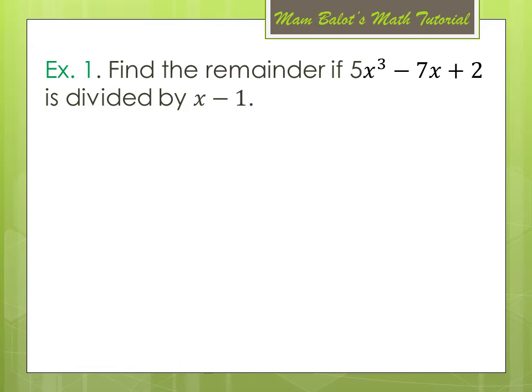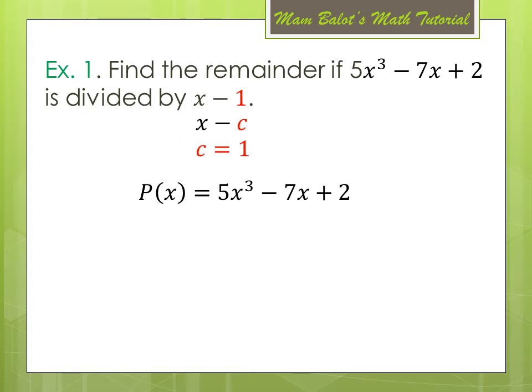For example, find the remainder if 5x cubed minus 7x plus 2 is divided by x minus 1. So in here, our p of x is 5x cubed minus 7x plus 2. Since we are dividing this by x minus 1 and we were following the x minus c format, our c here is equal to 1.